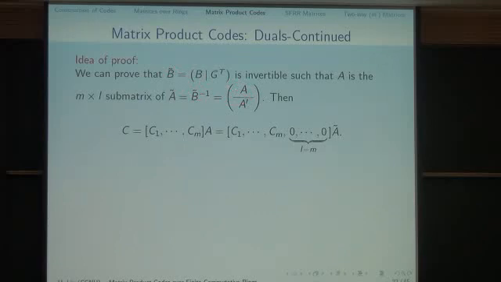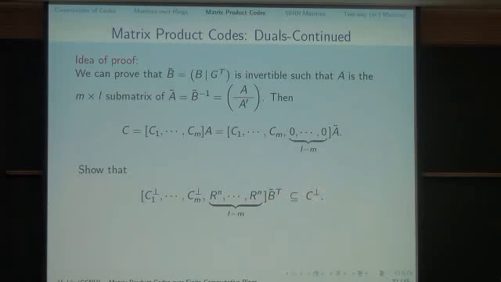And we can write C in this form. Since this L minus M part is 0, it doesn't matter. So we can write this. And the following we can show that this is contained in, a subset of, C perp.